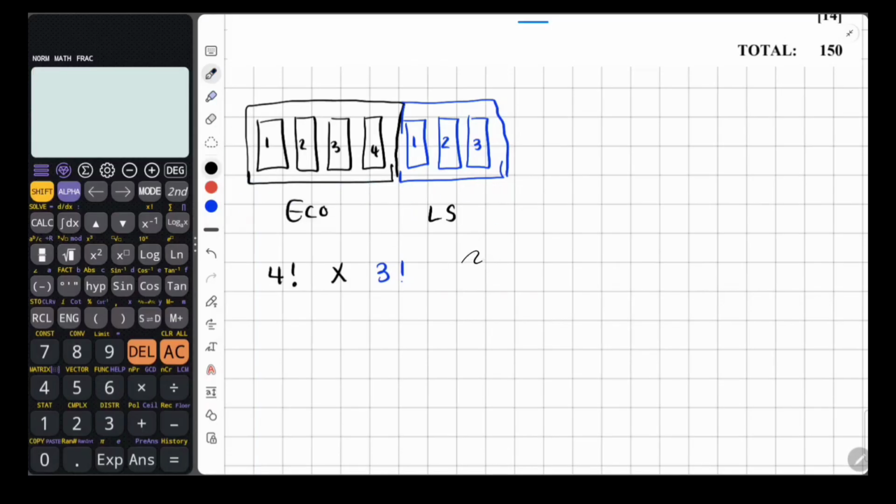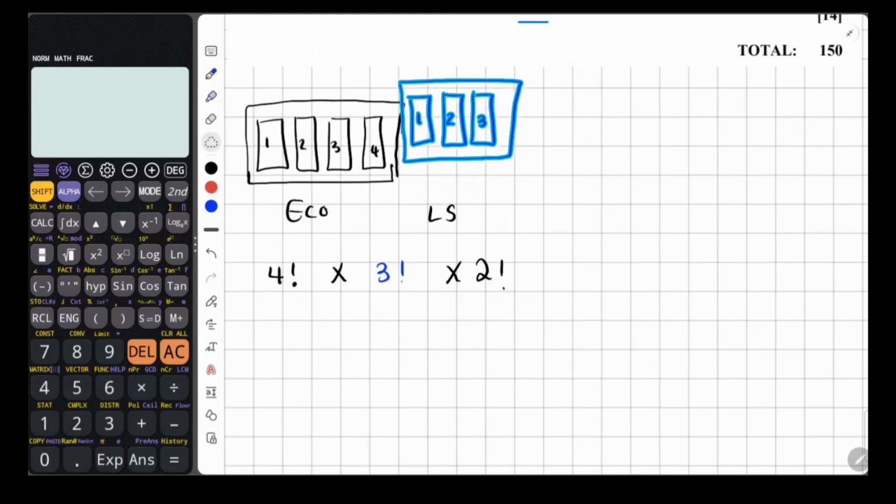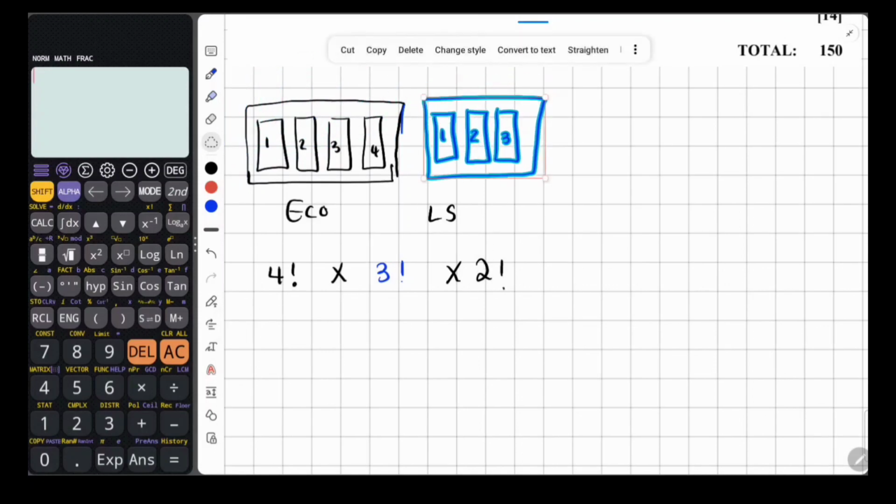So then we multiply that by 2 factorial, so that we're looking at the group seating. These can either be placed on the shelf as first your group of economics textbooks, then your life science, or first the life science, then the economics. That's where the 2 factorial is coming from. Okay, so that will give you your answer.